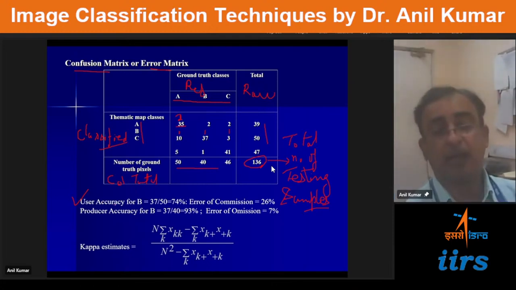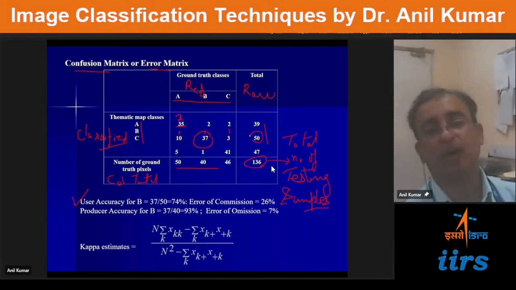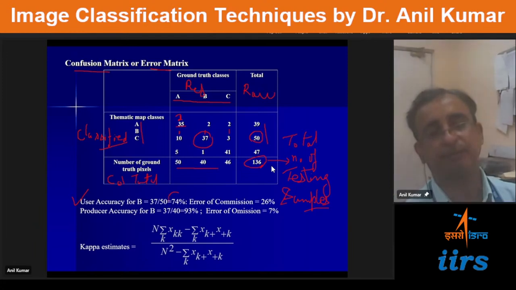So for class B, 37 samples have been correctly marked on the classified map, but the total number of samples was 50 on the classified map. So the user accuracy will be 37 divided by 50 and multiplied by 100, which is 74.